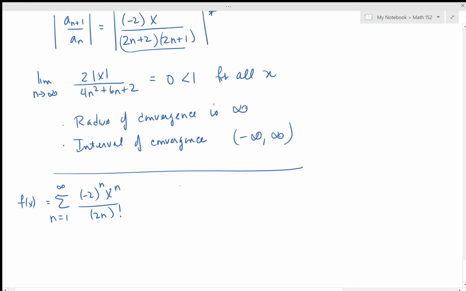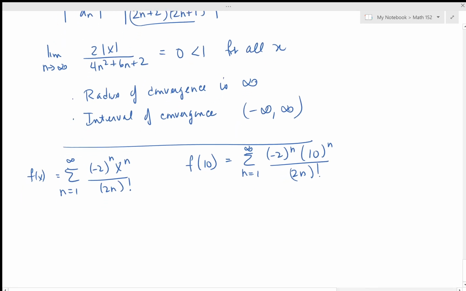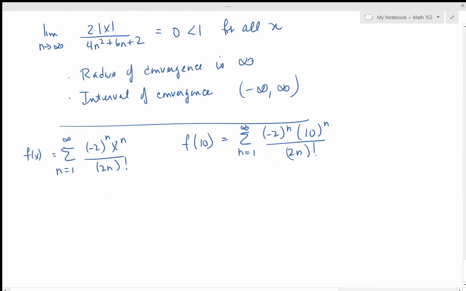So I can calculate, if I want, f of 10, and f of 10 would look like this. Should I be able to evaluate that, I will get some number, and that number will be f of 10.